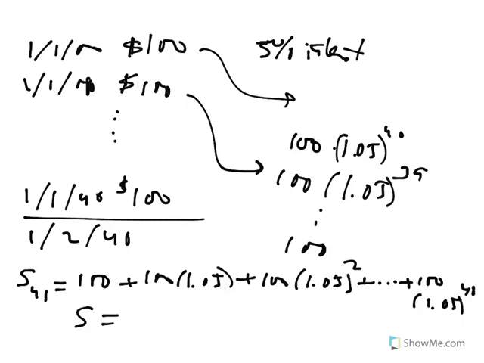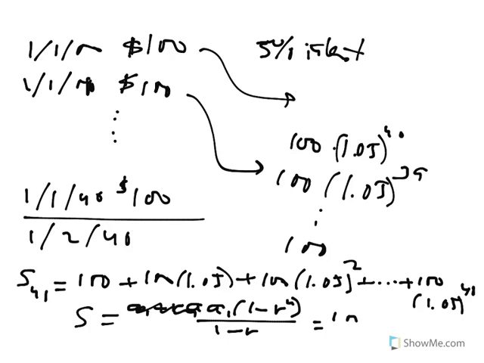Well, we have a formula for this. One version of the formula is a1 minus r times... actually, in this one, the better formula to use is a1 times 1 minus r to the n over 1 minus r.